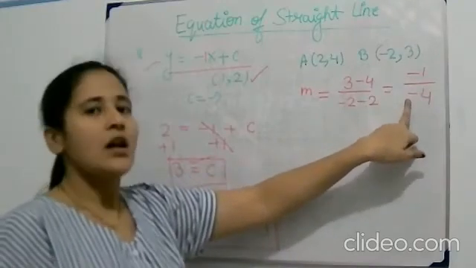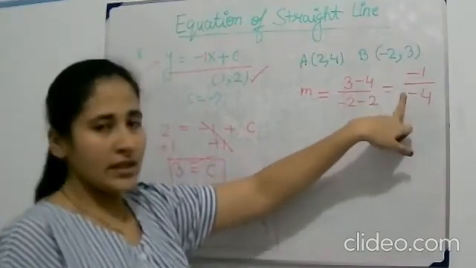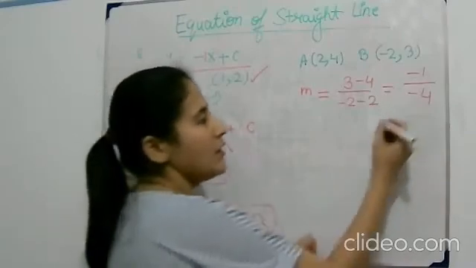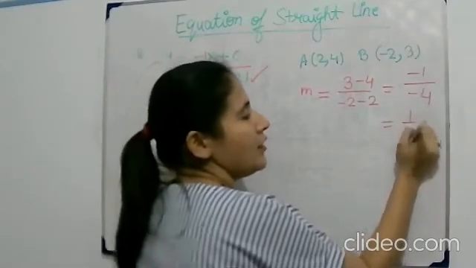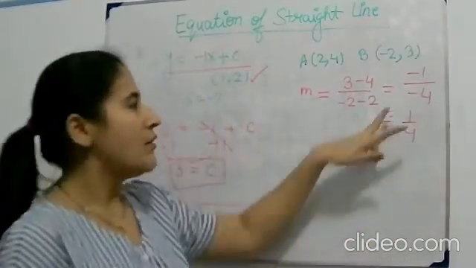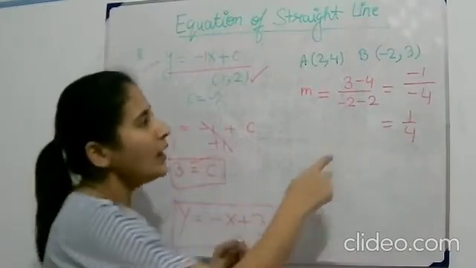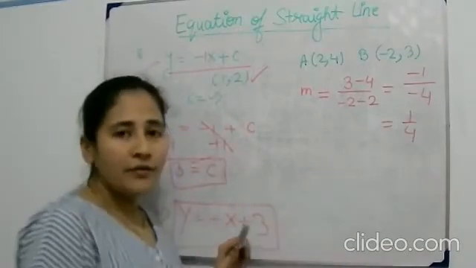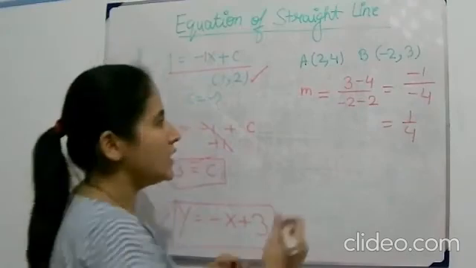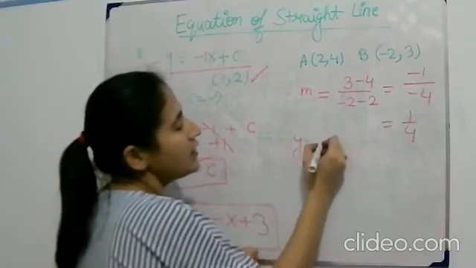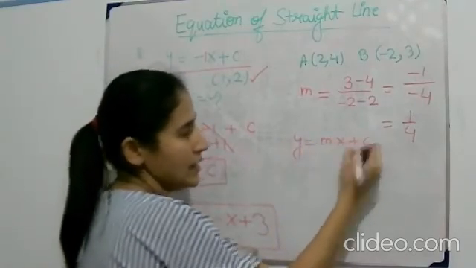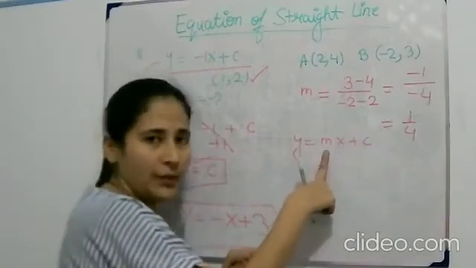That means the slope of the line is positive 1 by 4. Slope is 1 by 4. Let's find the value of c. How to find the value of c? If the line is y equals mx plus c, the value of m we know is 1 by 4.